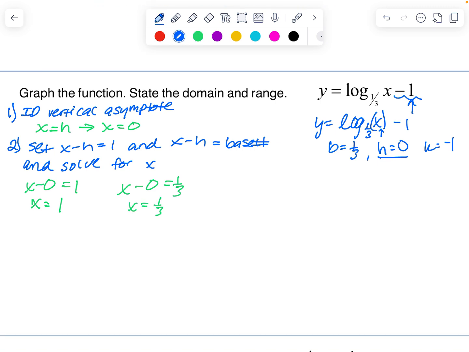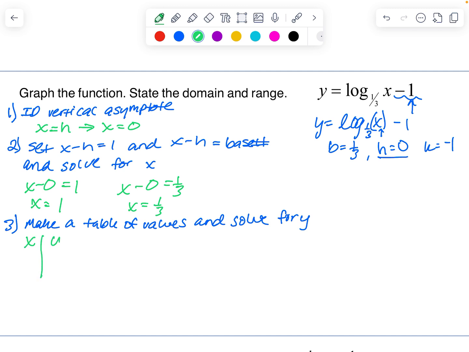That's going to be used when we go on to step 3, which is make a table of values and solve for y. When I say make a table of values, we're just using the 2 values we just got for x. So I'm going to set up x and y.